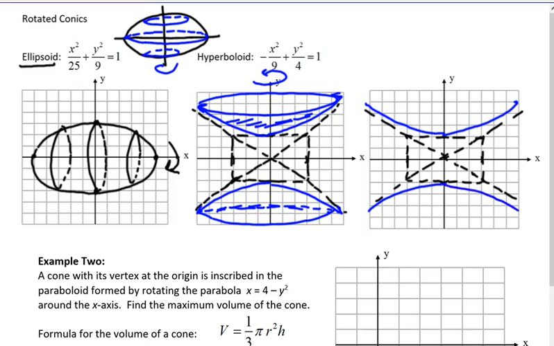And then rotating it. Now, what if I rotated it around the x-axis? Well, then we're going to have it do something like this. And let me get this out of the way. So think of this as kind of a big cone that flares out at the ends like that.